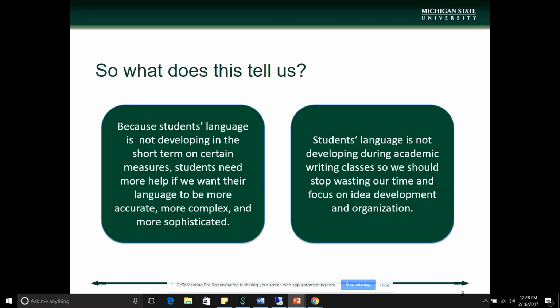Possibly. There are ways to measure cohesion, which we have not done. If you look at Scott Crossley's work, he's done a lot with measuring cohesion, so it would be interesting to see if that improved. At the same time, you see the raters' perception that organization is improving. So yeah, that's a good point, absolutely.